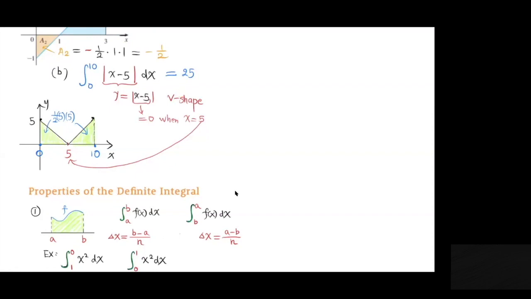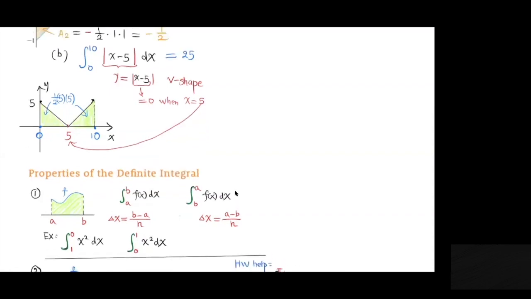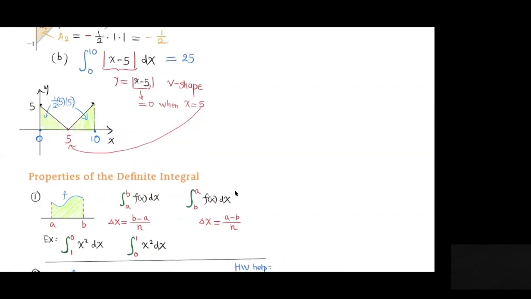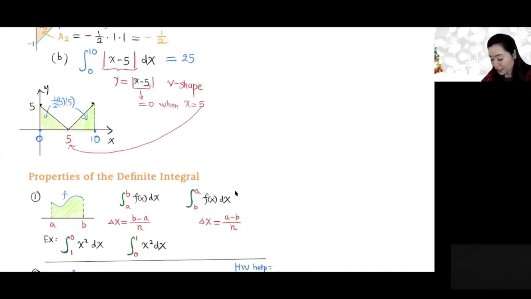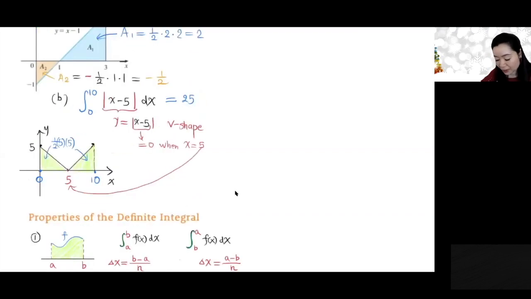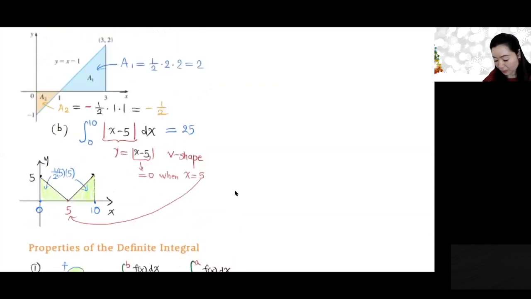Okay? Question, is integral different than area? Oh, yeah, integral could be negative, right? But when we talk about area, we usually don't talk about negative area. But right now, when we use integral, because this integral comes from the Riemann sum, when this is below the x-axis, we have a negative area. And when it's above the x-axis, we have positive.